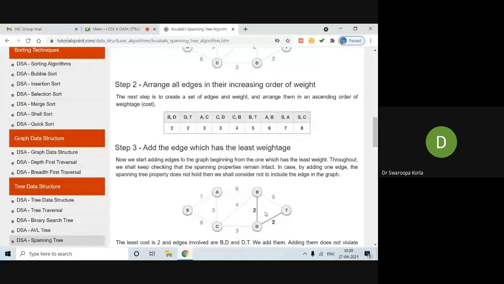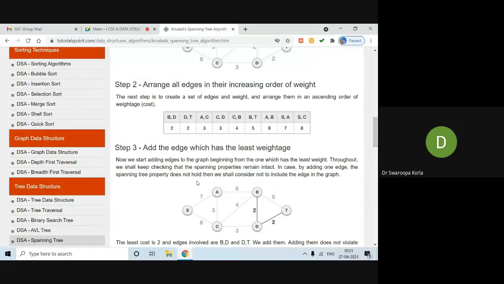What we do is start with the minimum edge value, and later we add the edges to the graph from the least weight onward, until all the vertices are covered. That is step 3.